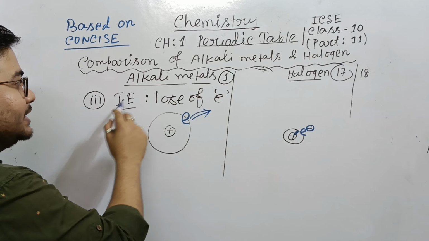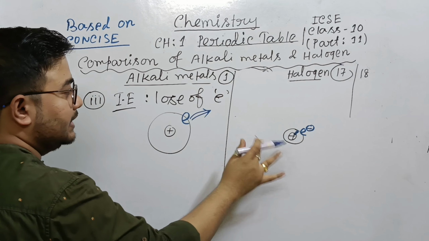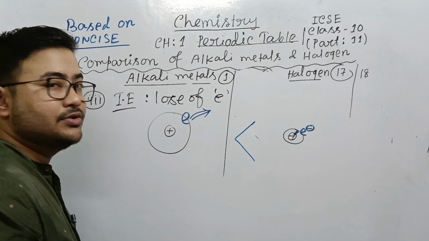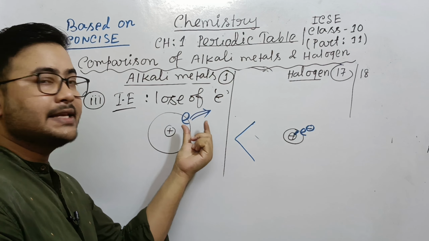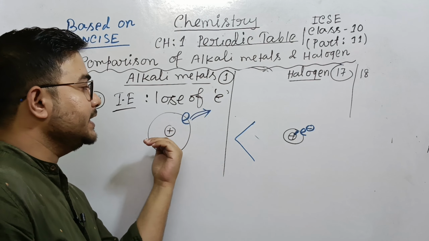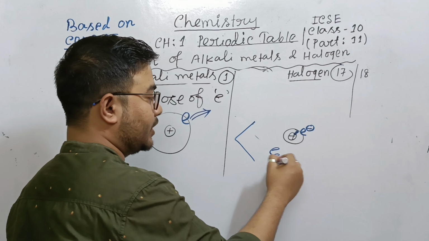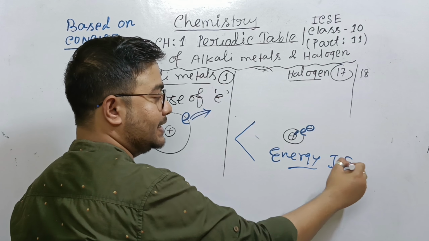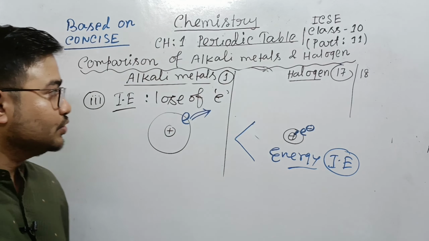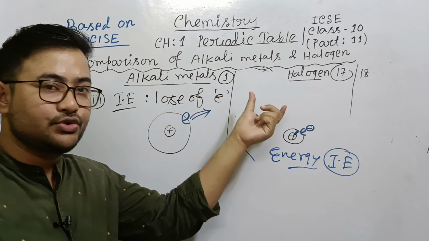So the ionization energy of alkali metal is less than halogen, because to lose an electron here, less energy is required, it automatically loses, but here more energy is required, and that energy is ionization energy, IE. So you can make this point as a differentiation between these two.